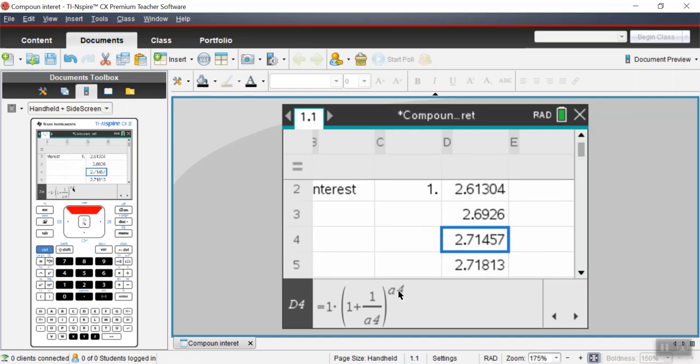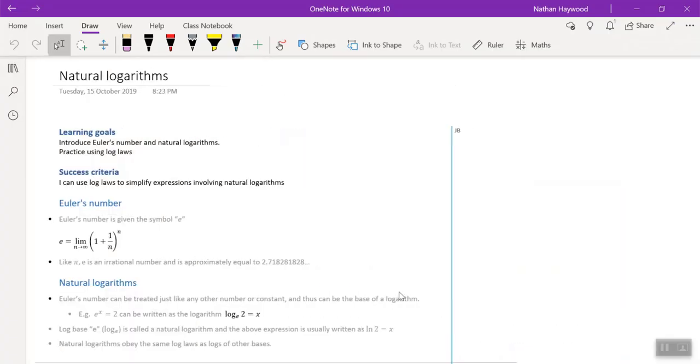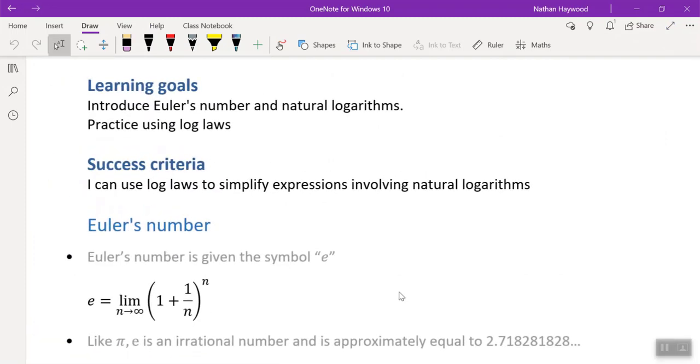Alright, so this pattern emerges. It's this special number. It's called Euler. Pronounce it incorrectly. It's Euler. This is where natural logs come in. Okay, this is the e.